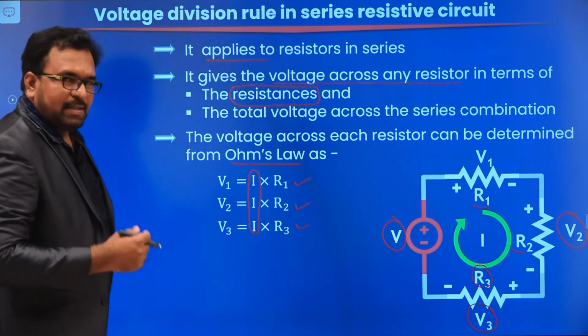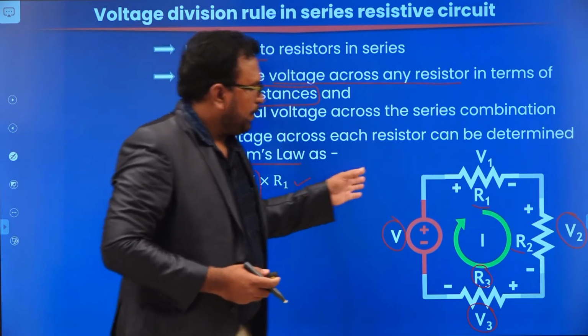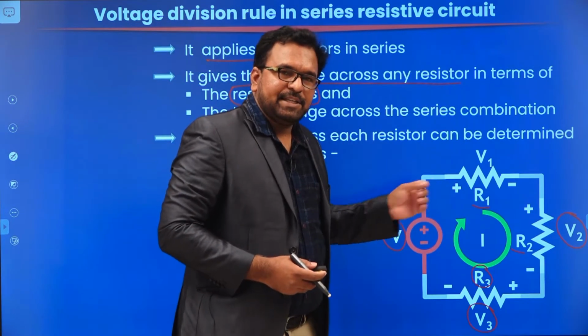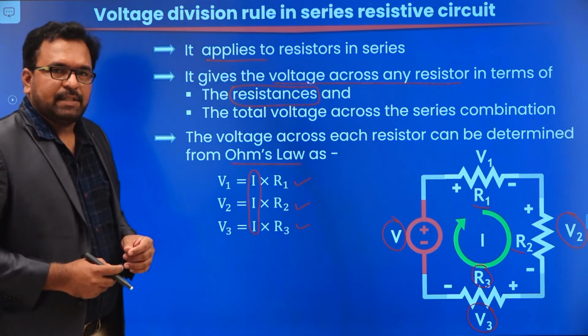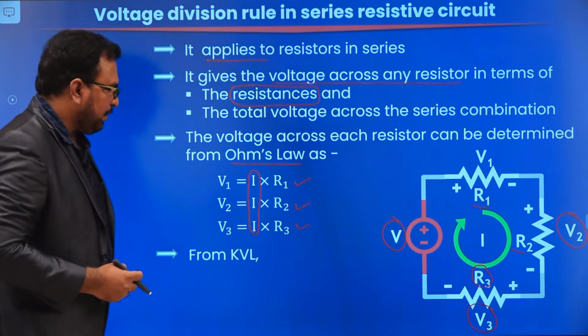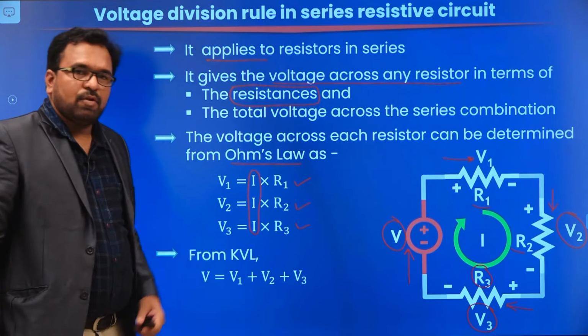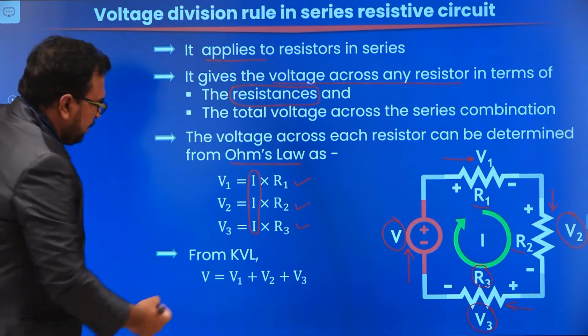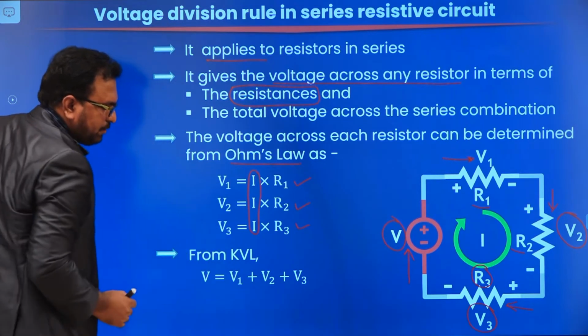Next, what is the second law you can apply here? Among the two Kirchhoff's laws, we apply KVL here because it is a series circuit. From KVL, the sum of voltage rises is equal to the sum of voltage drops. Now substitute the values of V1, V2, V3 from Ohm's law in this expression.